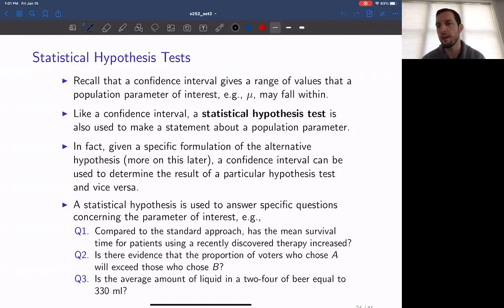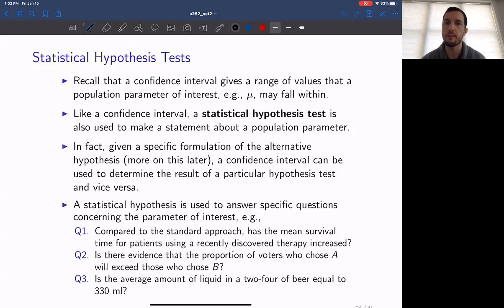Now the hypothesis test isn't actually an estimating procedure in the same way that a confidence interval is. So with a hypothesis test, we're not going to end up with a range in which we think the true numbers are going to fall. What we actually end up with is an answer to a question that we pose about the parameter of interest.